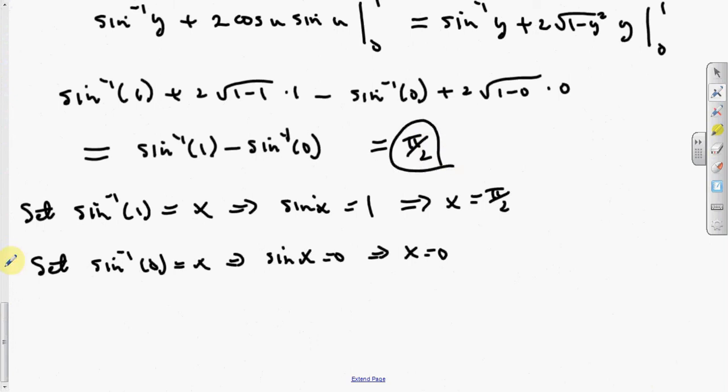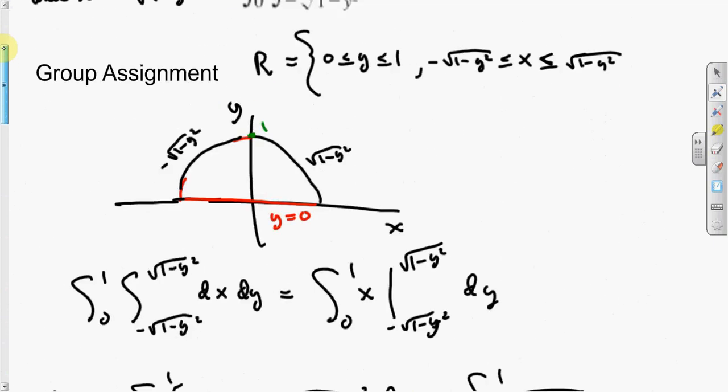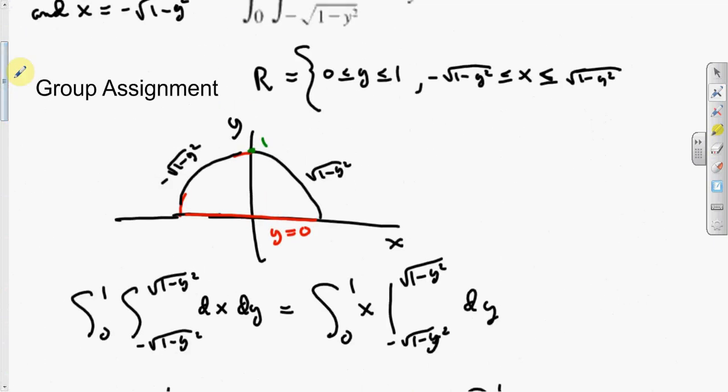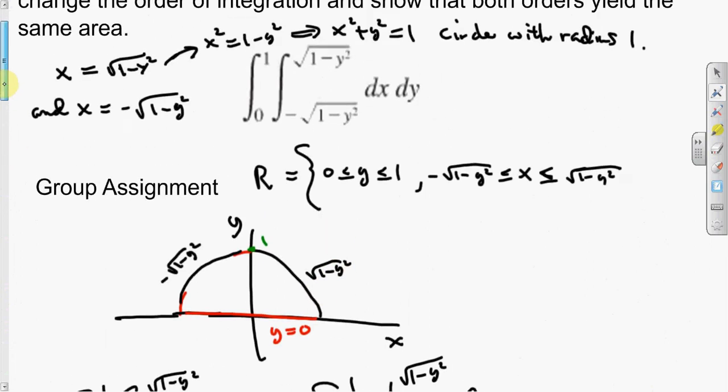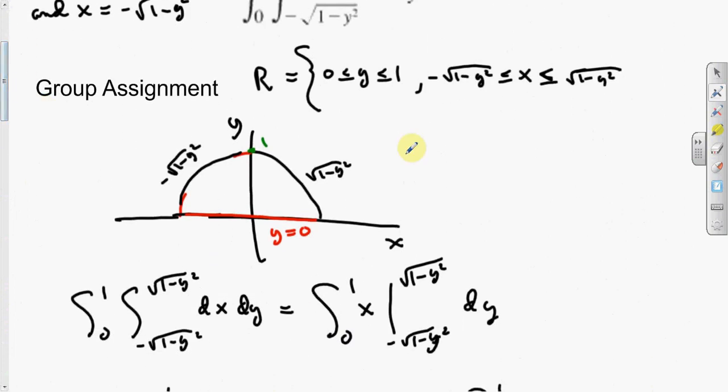Now look, does that make sense with algebra and basic trig? Here, if I have a circle, and I'm looking for its area, half of it, right? This is half of a circle.